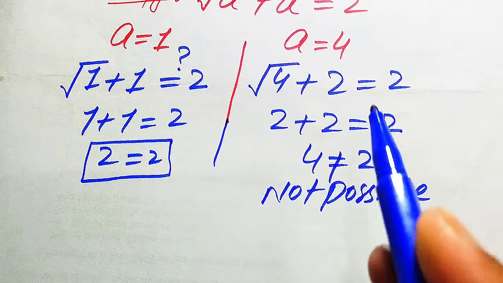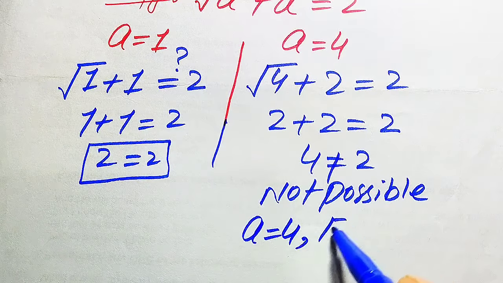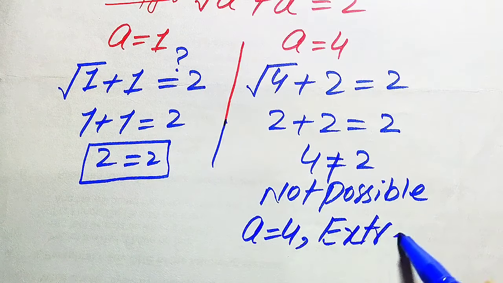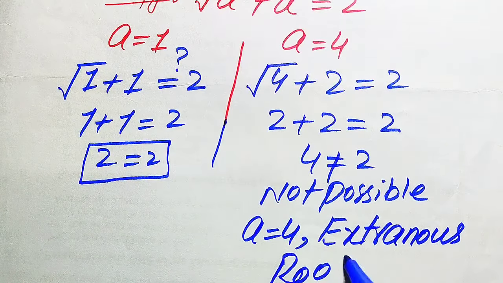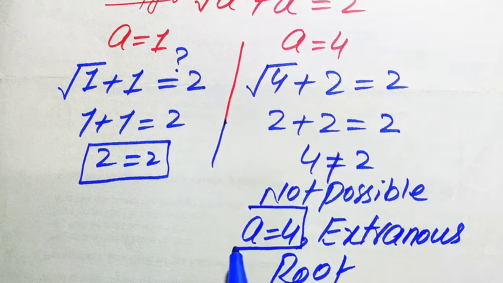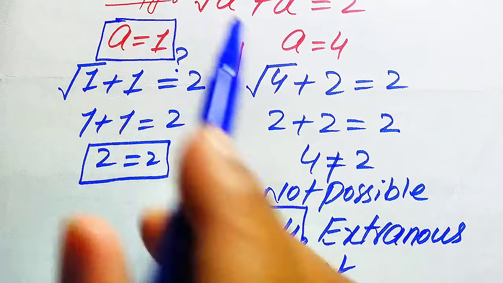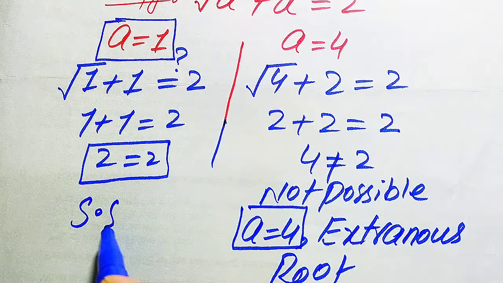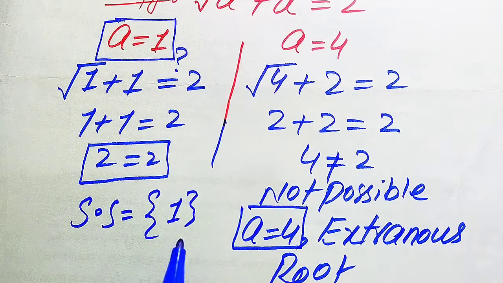So we conclude that a equals 4 is an extraneous root of the given equation. Okay, so this is the extraneous root and this is the solution. A equals 1 is the solution. So finally the solution set of this question is a is equal to 1.